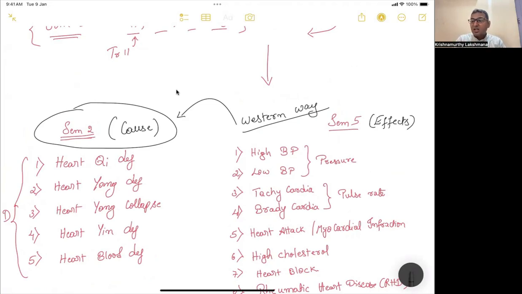Clear? What is semester 5 teaching you? Western way of understanding the problem and treating the problem according to TCM.